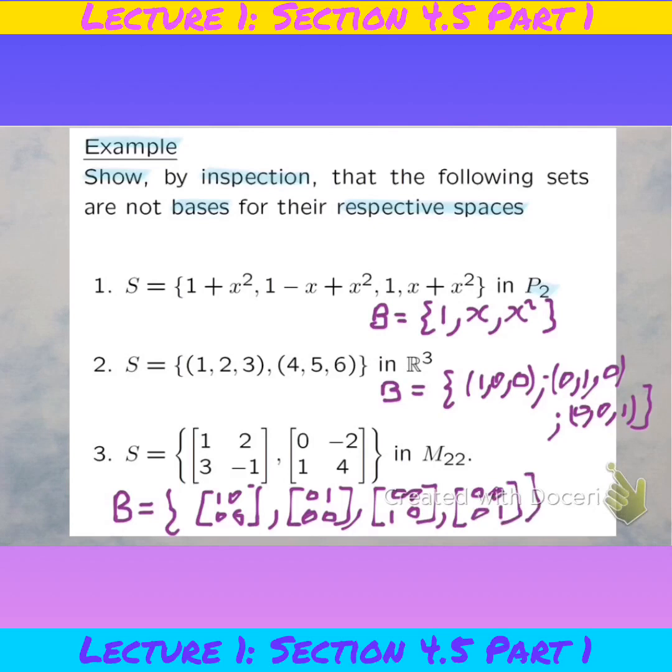So there are 4 vectors in that basis. So clearly S can definitely not span the whole M22 because it has fewer vectors than the basis. All right, so none of those sets can be bases.